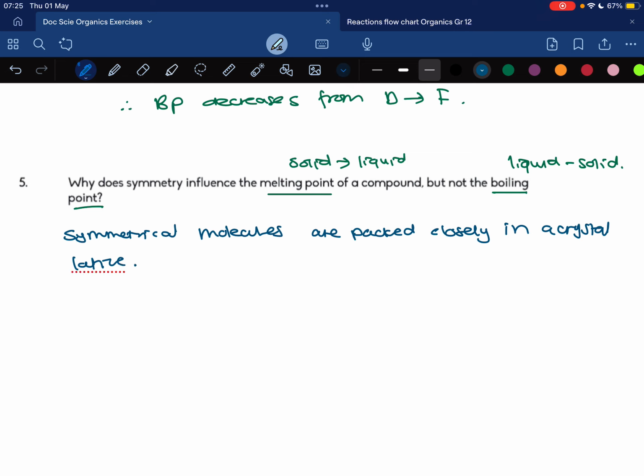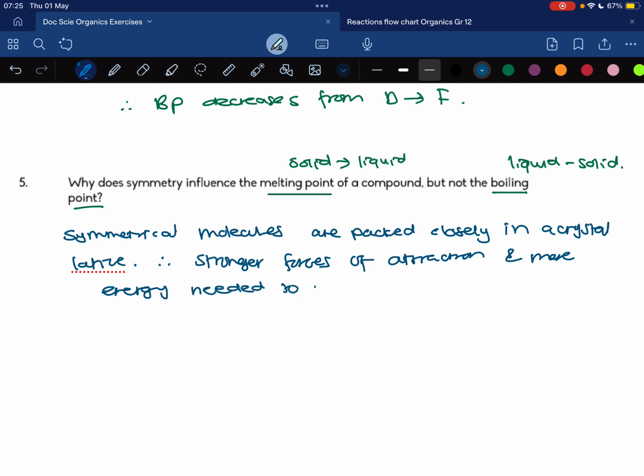So therefore there will be stronger forces of attraction and more energy needed to overcome these forces.